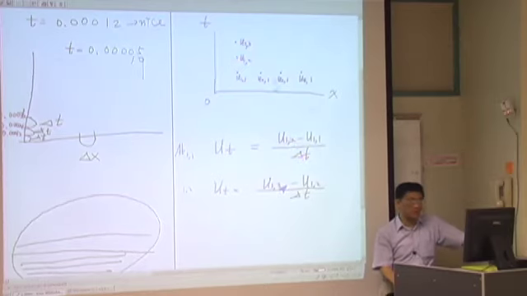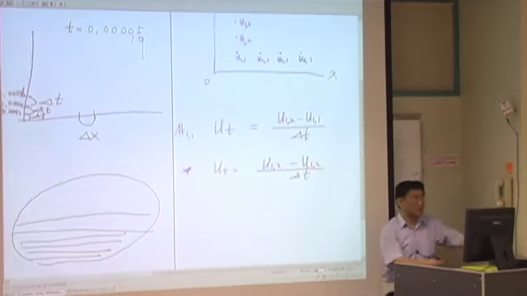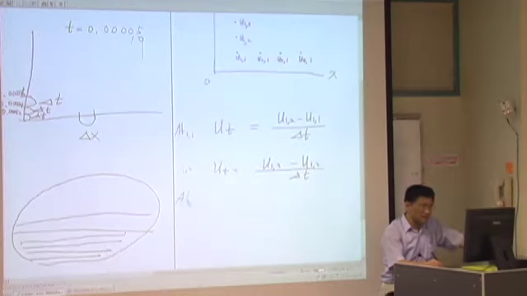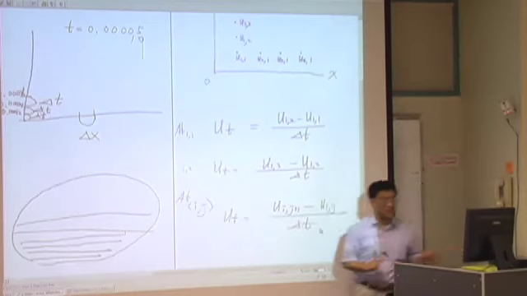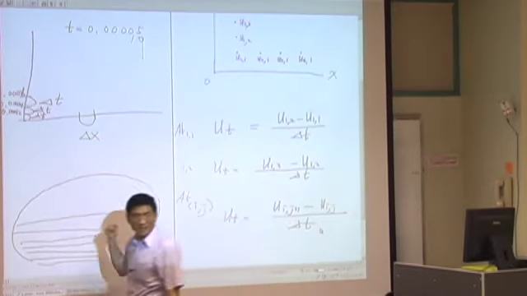Similarly, u_t at this point will be different. So instead of using 11, 12, 13, 14, and so on, we use a generic position. At generic index ij, u_t is represented by u_i,j+1 minus u_ij, over delta t. So we represent the derivative by this.